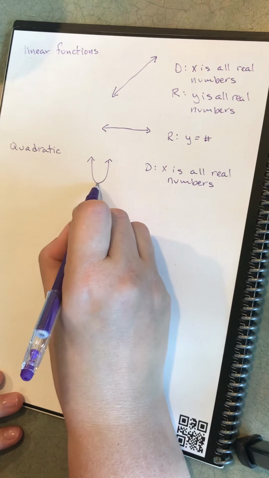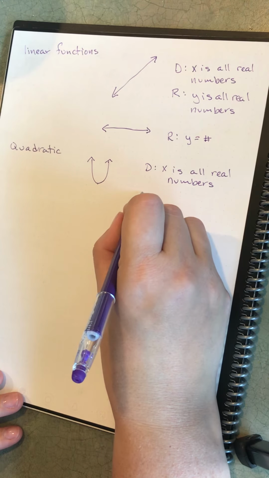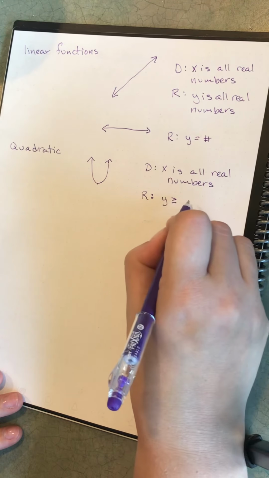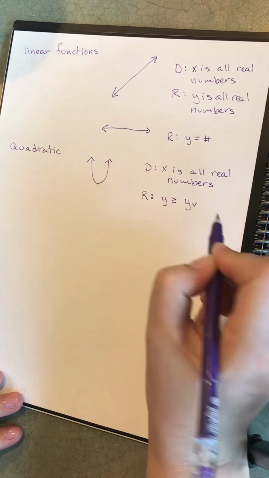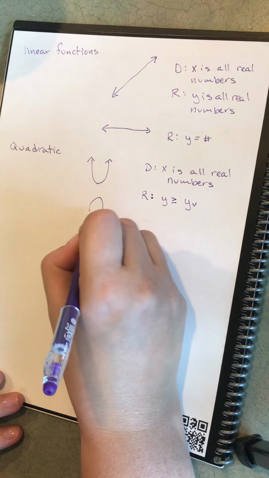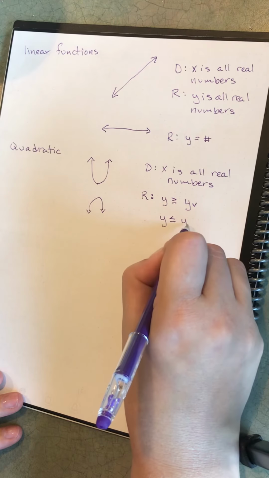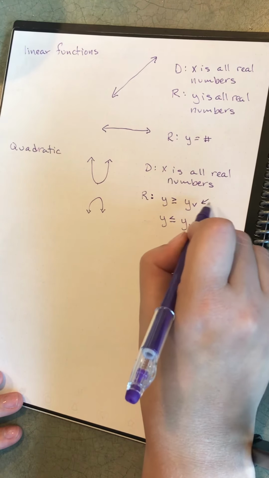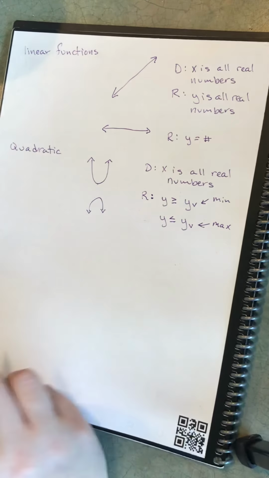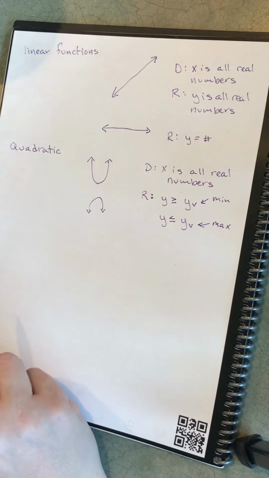And then the range is always going to be related to the vertex. So the range is going to be either y is greater than or equal to y of the vertex, or if a is negative, then y is less than or equal to the y of the vertex. And remember, we also call this the min, and we call this the max.